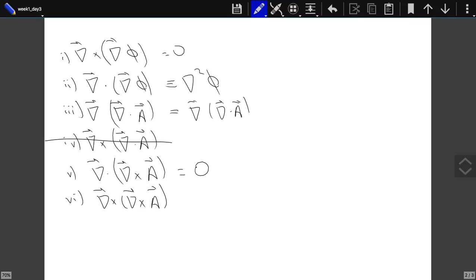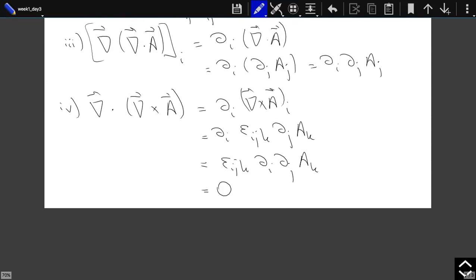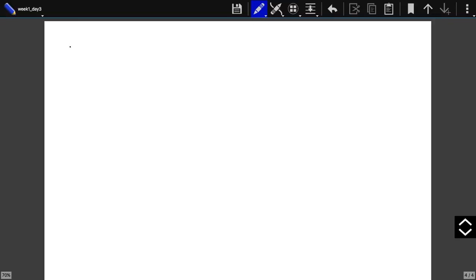And finally, we have this sixth one, the curl of the curl of a vector field. This will be the longest one. This is a vector field, so let's look at the i component of the vector field.